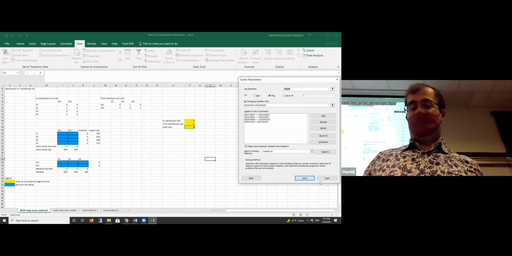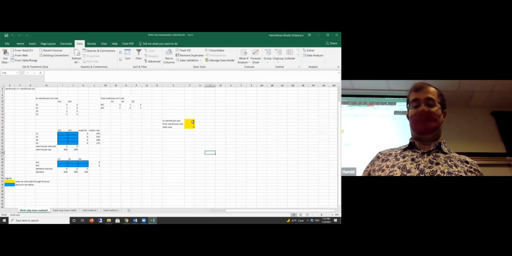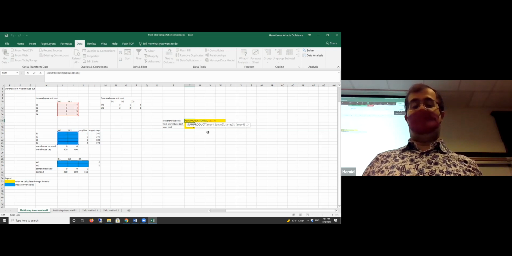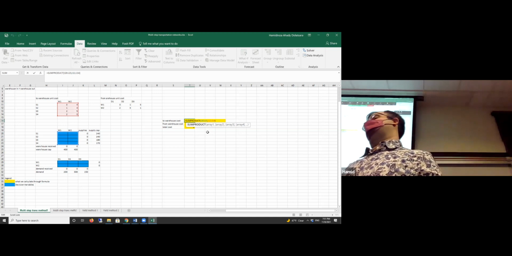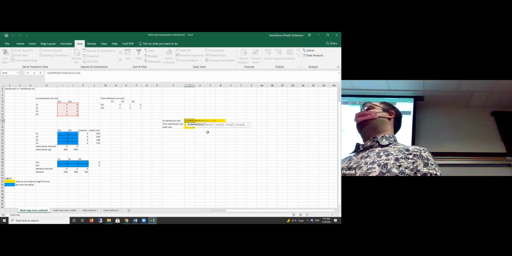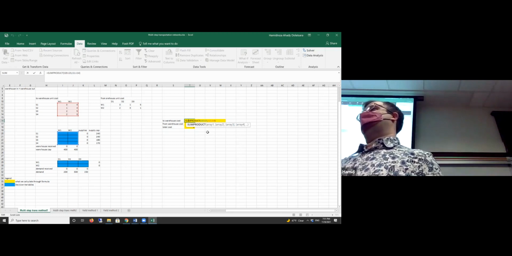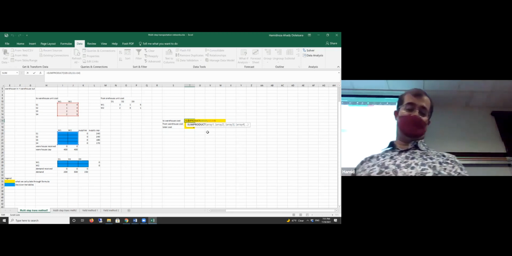So again, before solving, let's check these yellow cells. The first one is the cost of sending from supply points multiplied by the decision variable of sending. So it gives you how much the cost is from origin to the warehouse.